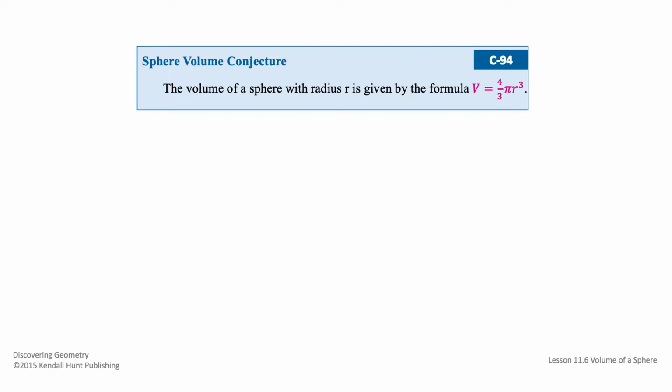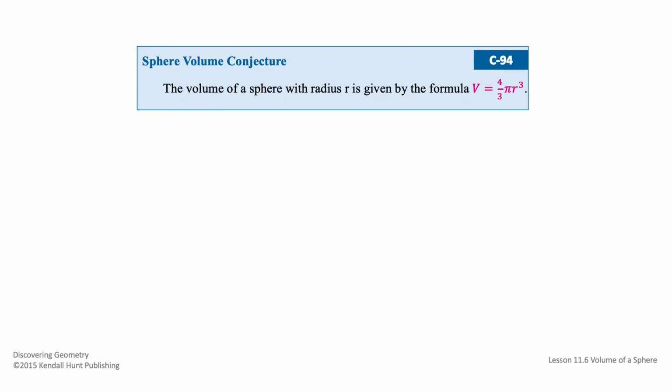So here is the formula for volume of a sphere. Volume is equal to 4/3 times pi times the radius cubed. Now remember, volume is like the amount of three-dimensional space contained within a sphere.